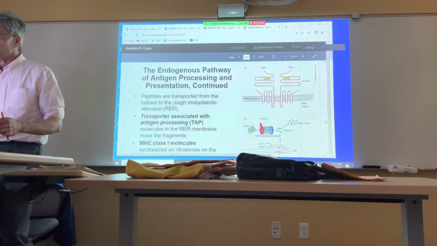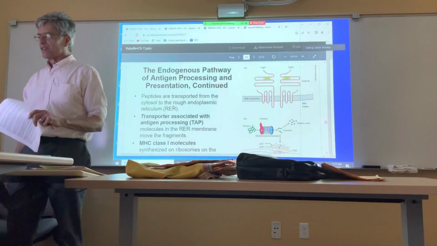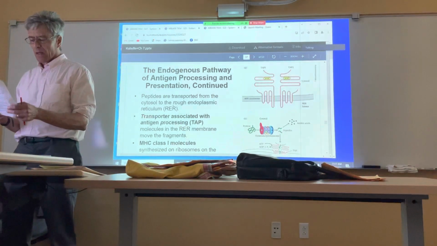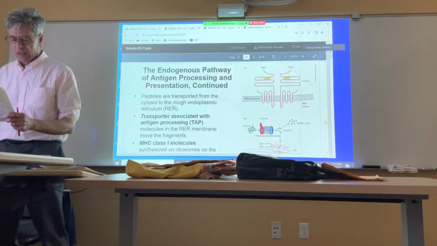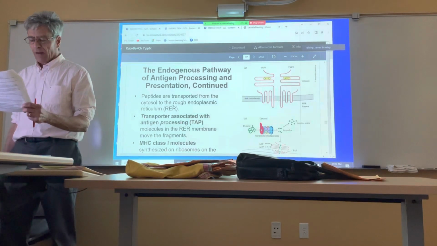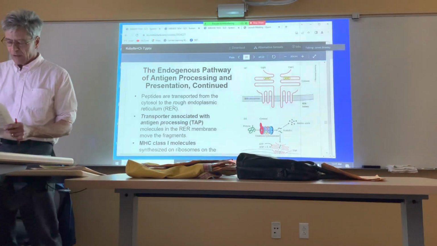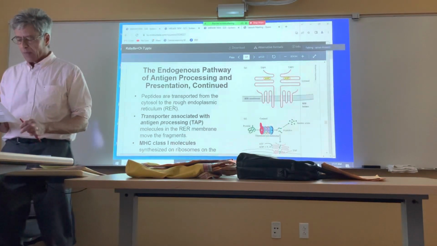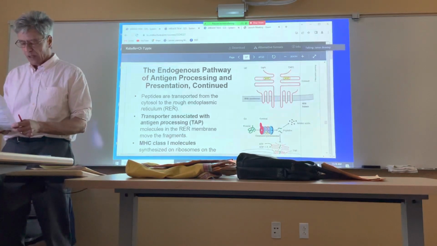TAP genes were found to be necessary, standing for transporter associated with antigen processing. Mutants were found called RMA-S cells. The name associated with that was Townsend, and he found that peptides were necessary to stabilize the beta-2 microglobulin class 1 interaction, and the defect was in transport of the peptides, in these TAP genes.